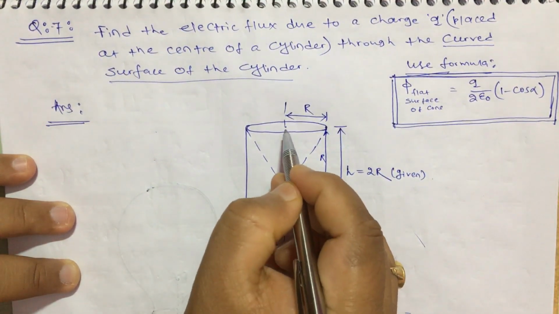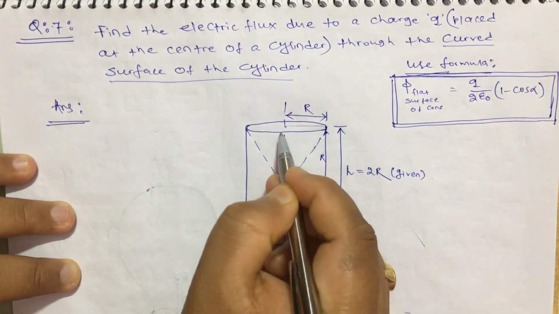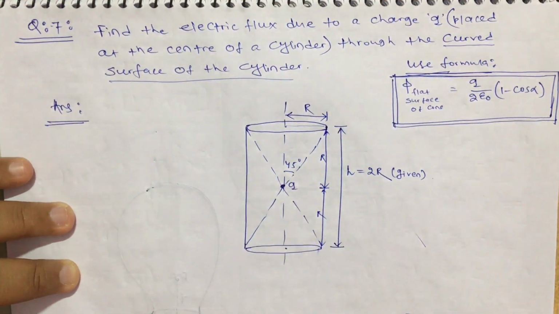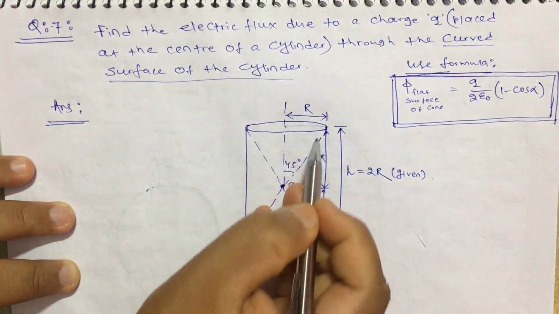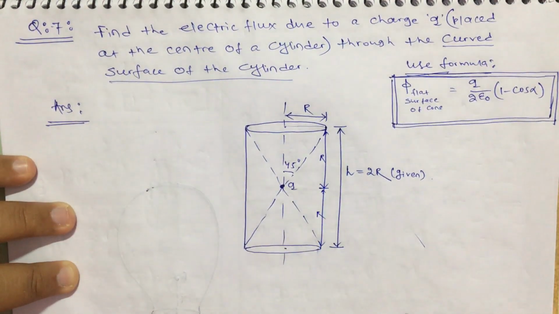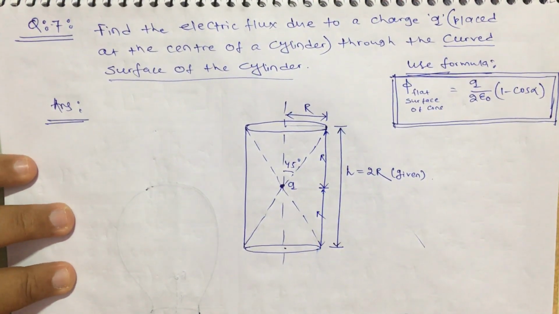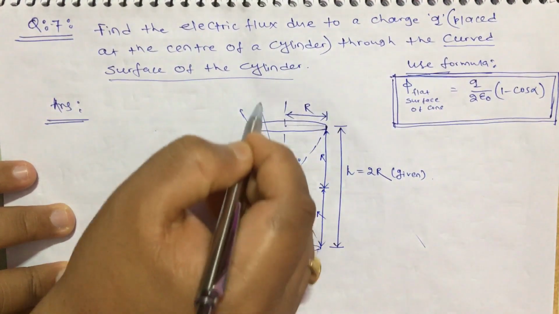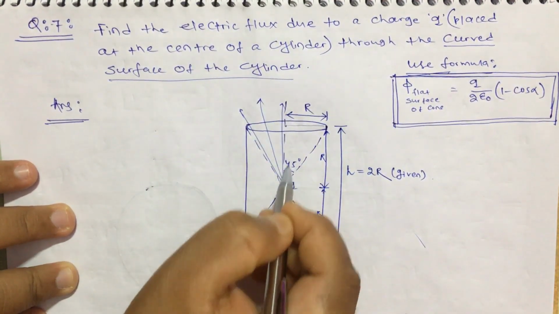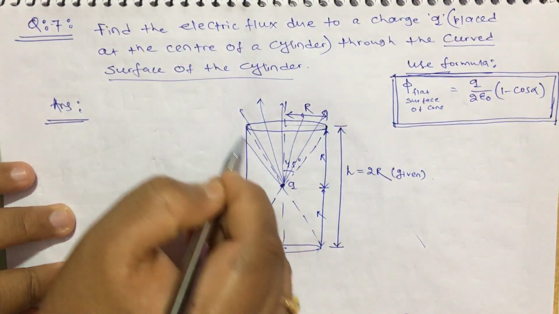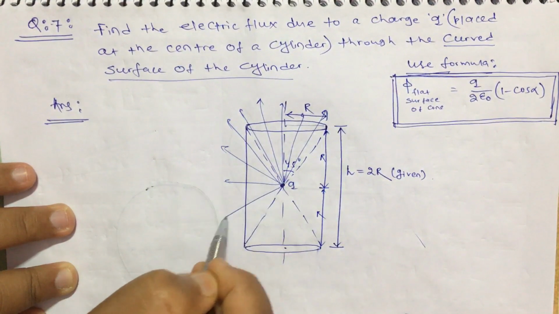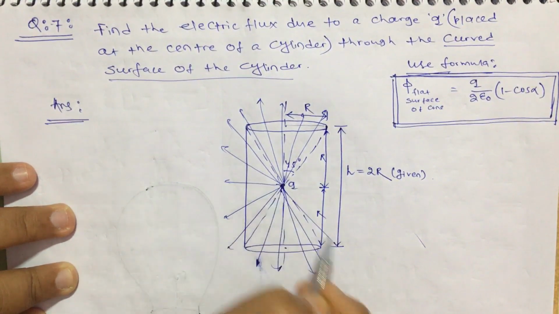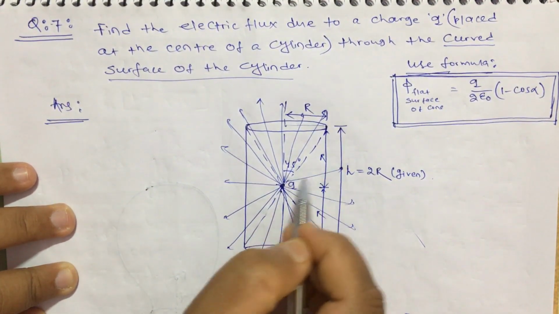Since this radius is r and this height is also r, this angle is going to be 45 degrees. That means this is a cone with alpha, the half angle, equal to 45 degrees, and I can find the flux through this cone, because if a charge is kept here, the flux will go through everywhere, through this cone, through this curved part, like this, through everywhere.